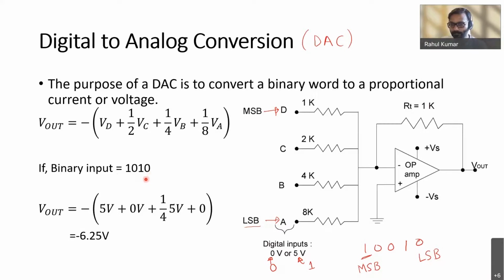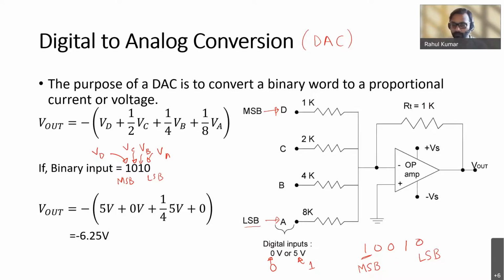So correspondingly, this will be my LSB and this will be my MSB. This will be VA, then this will be the input at VB, this will be the input at VC, and this will be VD.